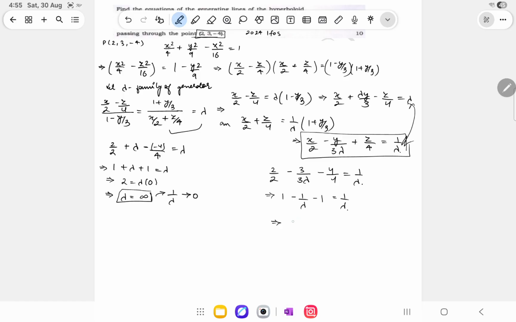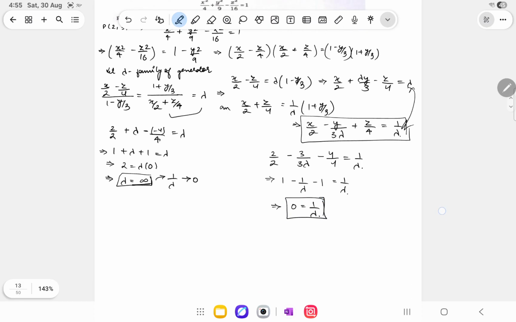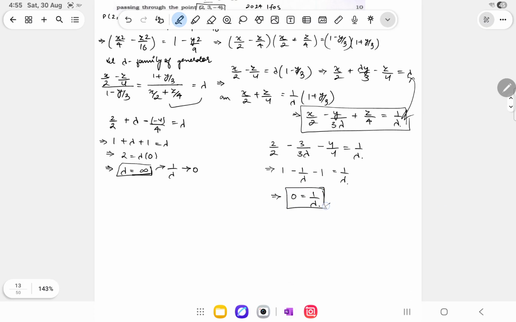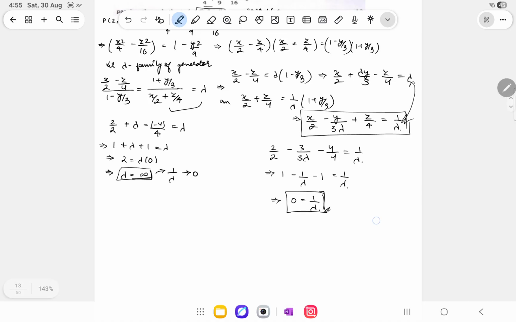So from here I get 0 = 1/lambda, which gives the same value, 1/lambda = 0. So I substitute this value of 1/lambda in the above equations of plane.